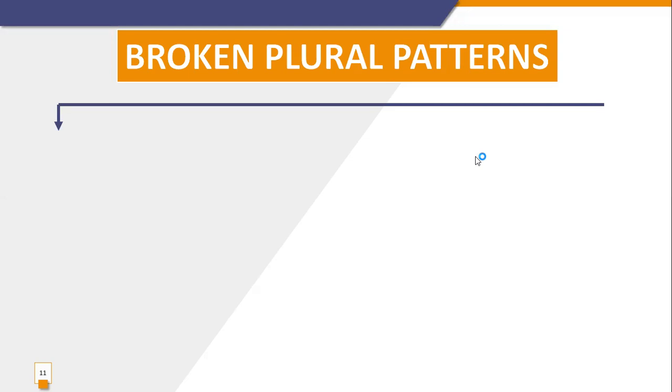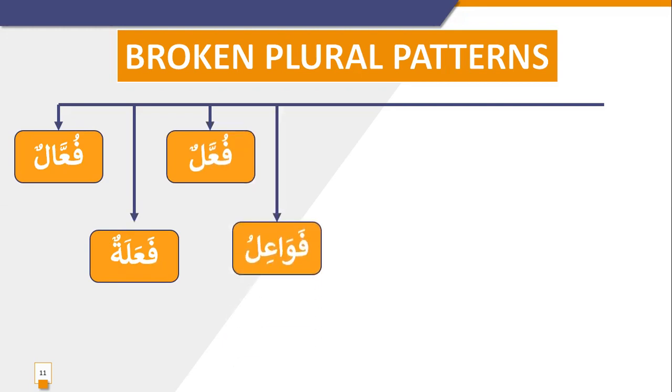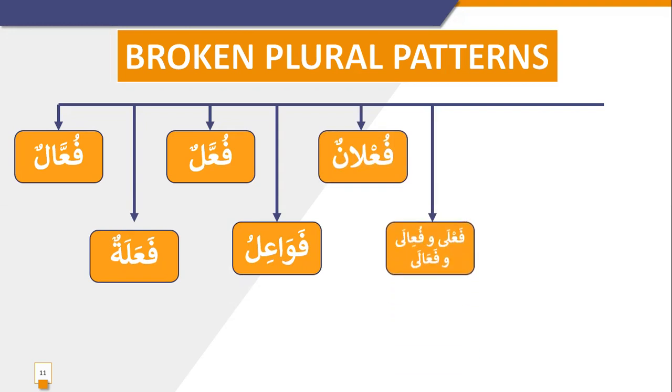For example, over here we see the fu'alun pattern. Then we also see the fa'alatun pattern, the fu'alun pattern, and fawa'ilu, which is used for the feminine fa'il pattern. And then we see fu'lanun. Then we see fu'ala and fa'ala.